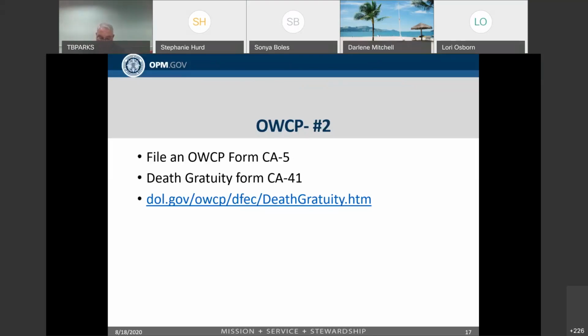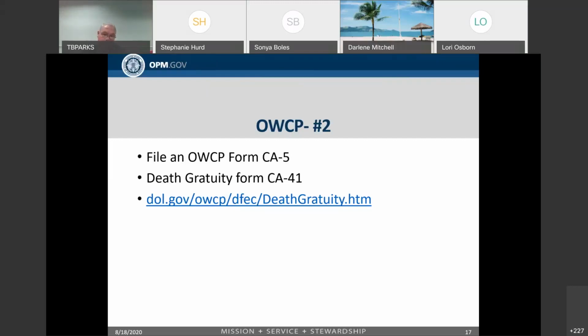And earlier I mentioned the CSRS and FERS handbook does give additional information. One thing to keep in mind though, the handbook does state that contributions can be paid out if a person elects workers' comp in lieu of OPM benefits, which is no longer correct. We will not pay out those contributions if a person elects workers' compensation.